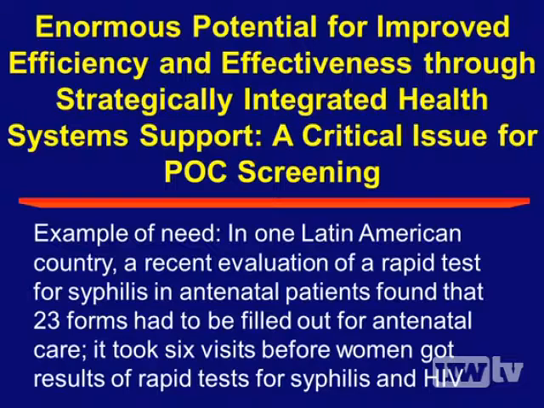But it took 6 visits before all these forms were filled out and the women could actually get the results of their rapid point-of-care test. So think about it. This is for the HIV test and the syphilis test. How is your test going to actually be integrated into primary care systems, whether they're for maternal health or other types of care? It's doable, but it means that you've got to work with other people to make it happen.